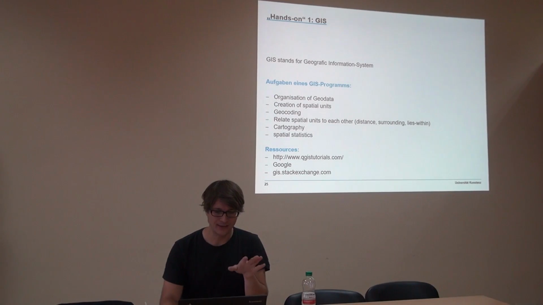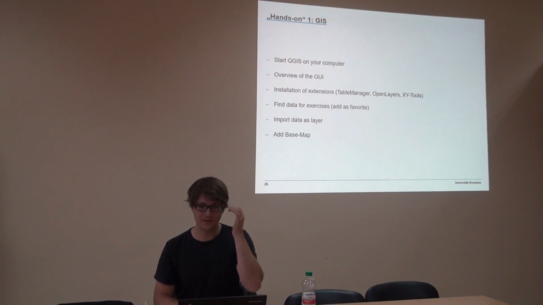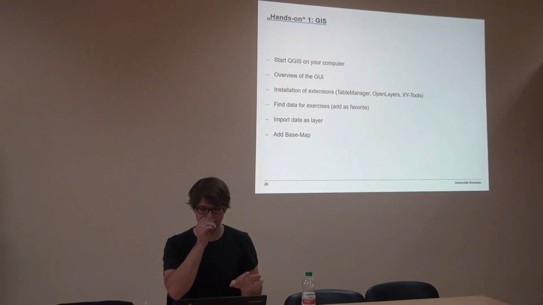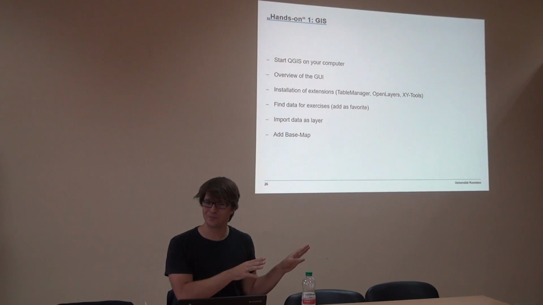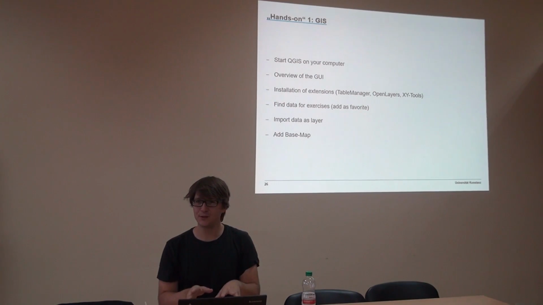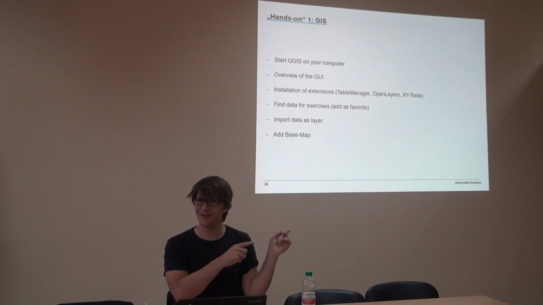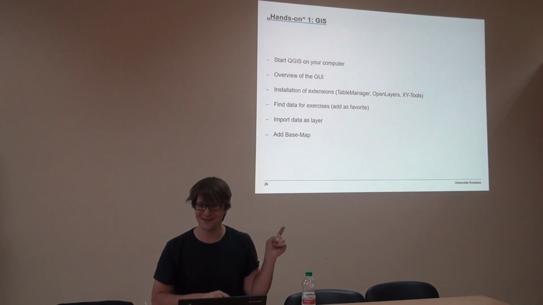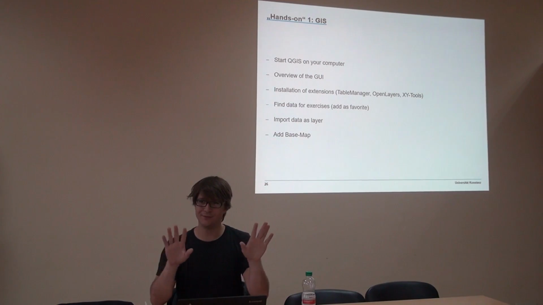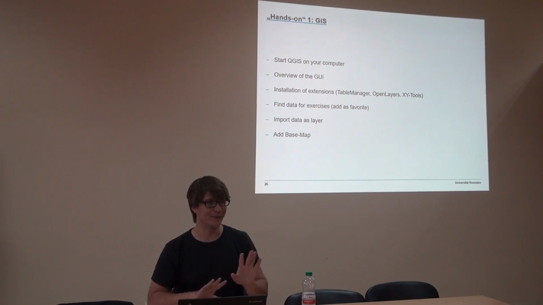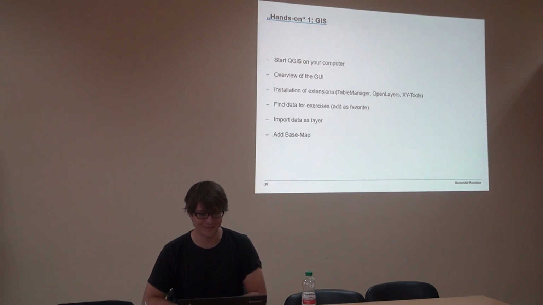All right, so we start the QGIS. I will tell you now what we do, and then I do it, and then you do it, and I can put this slide up again. So we start the program, then I will briefly tell you what the different windows in this program mean and can do.